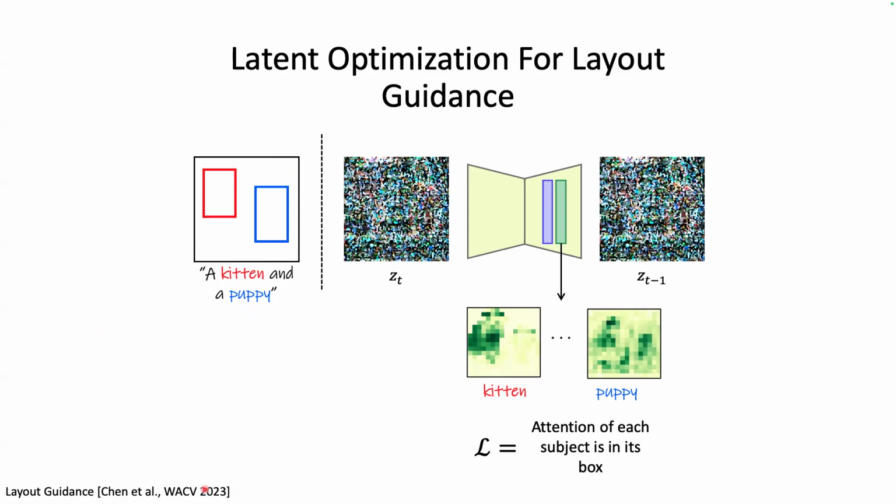So in this work, layout guidance, they do this process of optimization, and to define their objective, basically they require that the attention of each of the subjects will be concentrated in its corresponding bounding box.